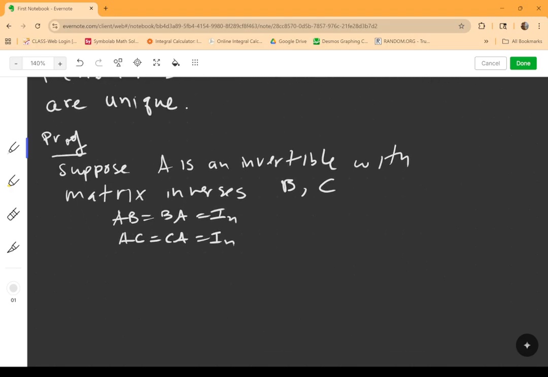We'll start with B, the inverse. B can be written as B times I_n, like multiplication by 1. This is matrix multiplication by the identity matrix.